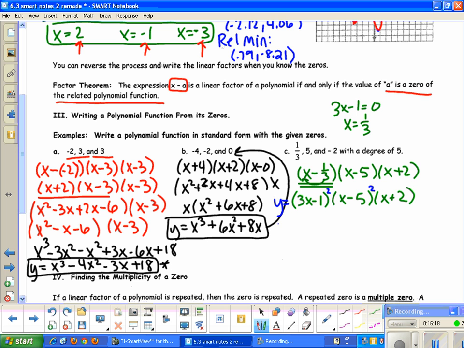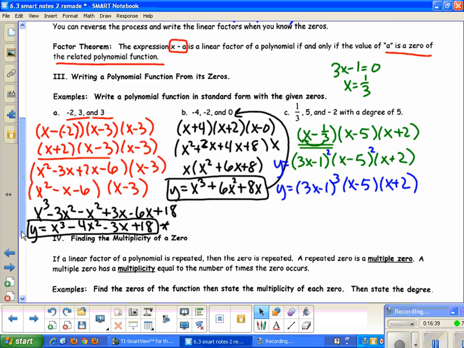So this is one possibility. And as I said, with 3x minus 1, maybe I made this one cubed times x minus 5 times x plus 2, that would also be another possibility, because just because I'm changing the exponents doesn't mean that I'm changing the zeros. Changing the degree of each of the binomials doesn't really affect it.